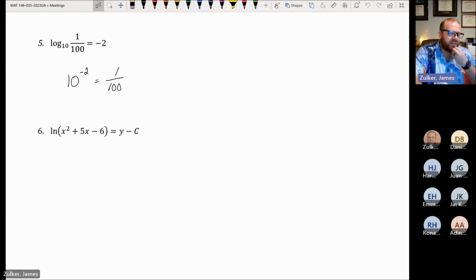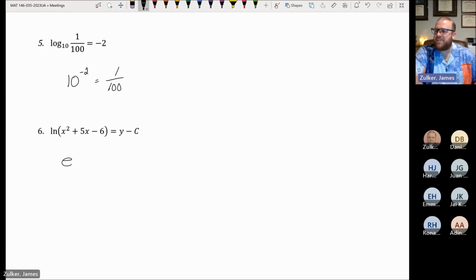Well, that's not the base. Base e, isn't it? ln, natural log. Natural log has base e. Then the exponent.